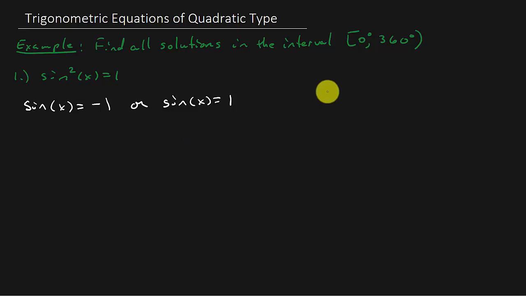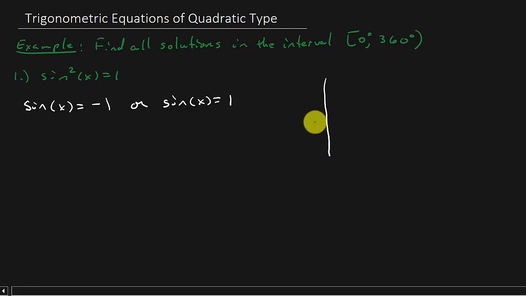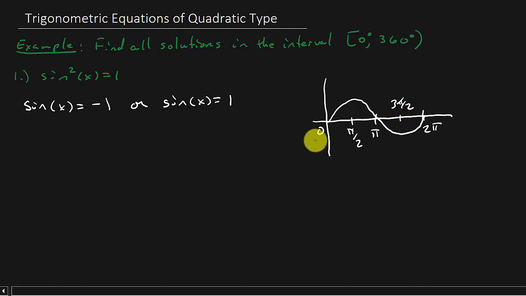So the easiest way to do that is just draw your basic sine graph and label it. That's 2 pi. This is pi. This is pi over 2. And this is 3 pi over 2, which we know is 0, 90 degrees, 180, 270, and 360.